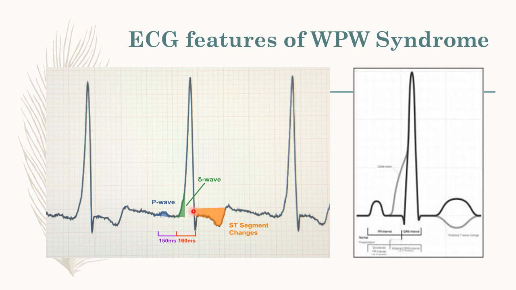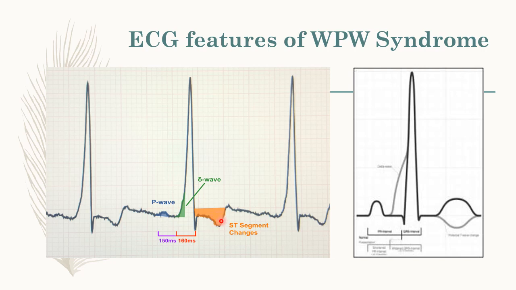Another one is ST-T changes. Secondary ST segment depression and T wave inversion are present. These ST-T changes occur during the pre-excitation. This is due to the pre-excitation leading to abnormal depolarization of the ventricles, and this leads to abnormal repolarization as well.